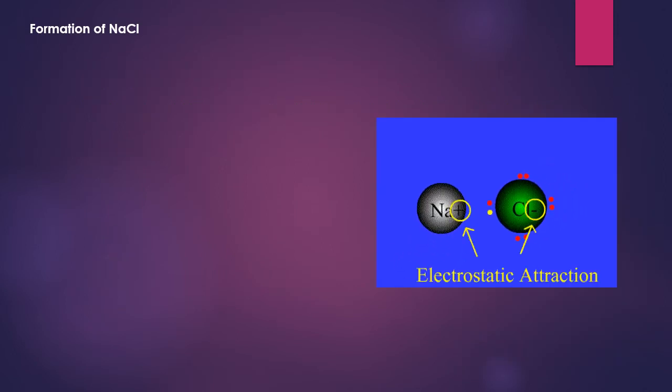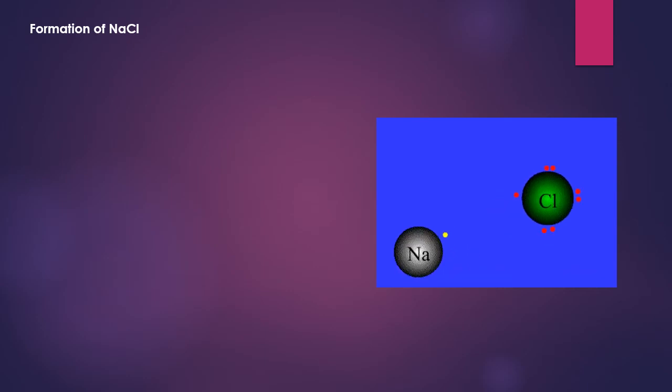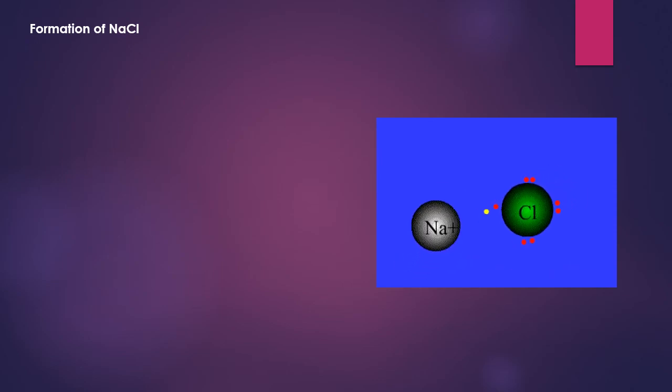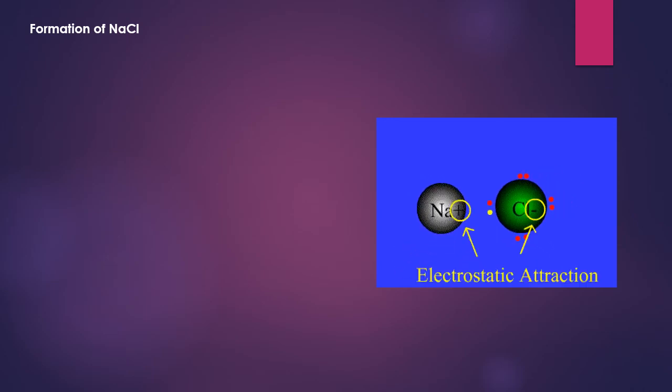Formation of NaCl. NaCl is the substance that is formed when an ion of Na and an ion of chlorine combine. And how do they combine? You can see here, Na plus. Na has 1 electron in its last orbit and chlorine has 7 electrons in its last orbit. Now what will happen?